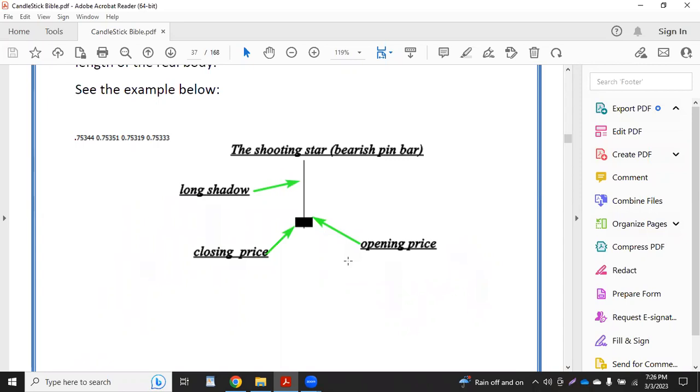That long shadow was formed because price initially went above. Price initially bought. So when it bought, then at a point somewhere around this top here, sell volume entered the market. Sell volume began to enter the market and push price to the downside.